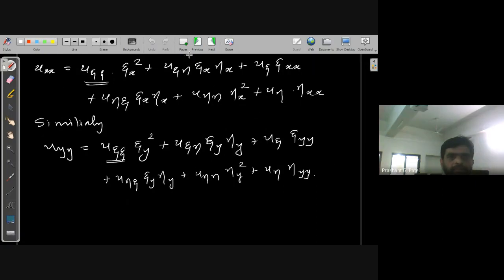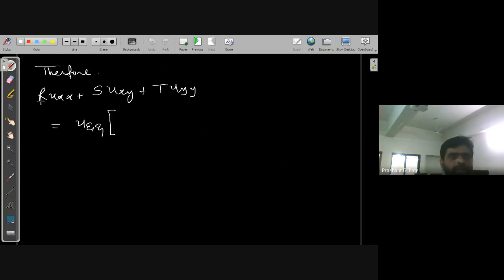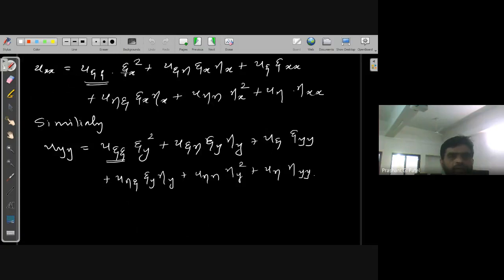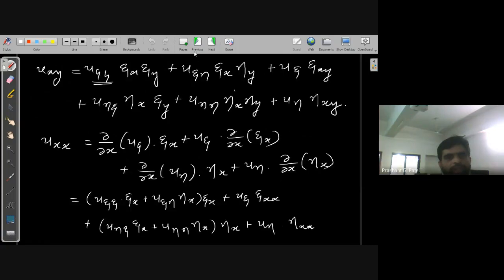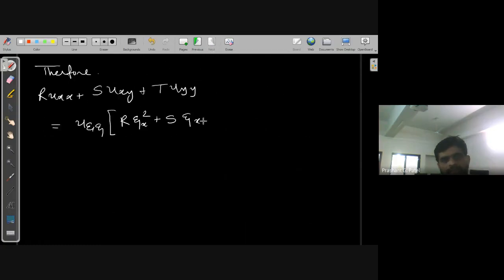As per this, u_xx is multiplied with r. So u_xi with r into this xi_x square. So it is r xi_x squared plus s, that is u_xy. u_xy has xi_x xi_y. So that's why it is plus s xi_x xi_y plus t xi_y squared. This is the coefficient of u_xx.